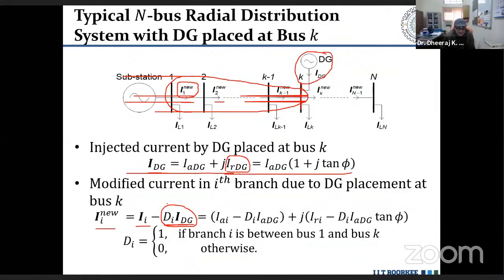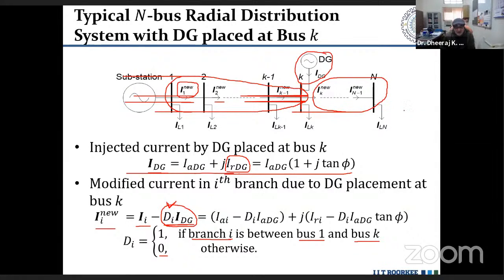So the variable Di considers that fact. Di is 1 if branch i, any general branch, is between bus number 1, the substation bus, and bus number K. 1 means the current of this branch will be modified. 0 means it will not be modified, that is, for the remaining branches coming after bus number K, they will not see any change in current.